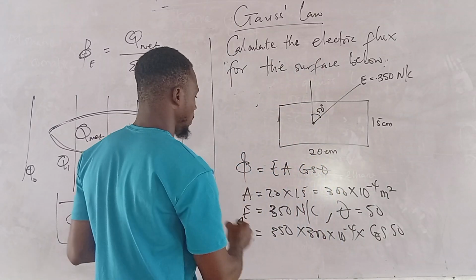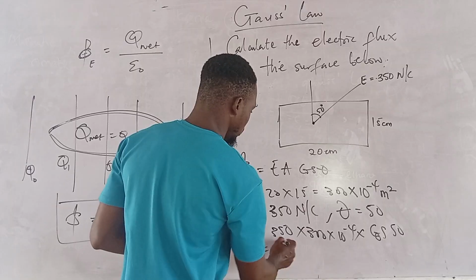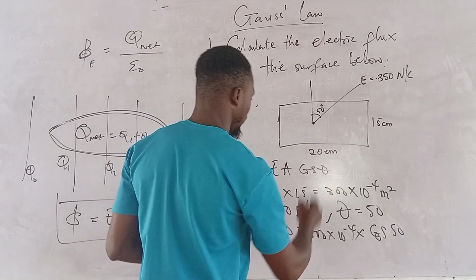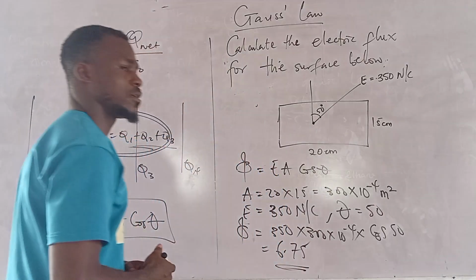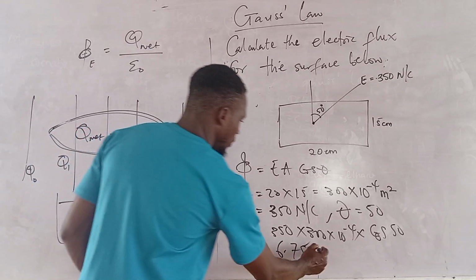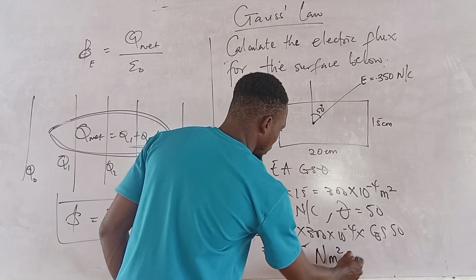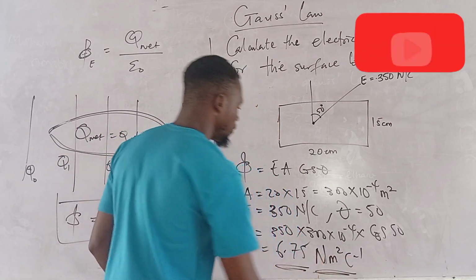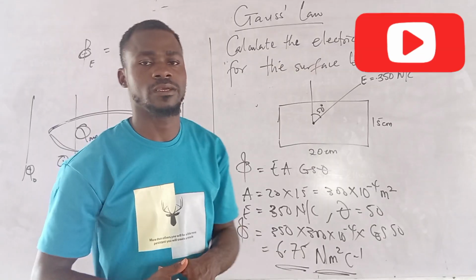If we punch this into the calculator, it gives us 6.75 as the answer. That is how we get the electric flux passing through the area, and the unit is Newton meter squared per coulomb.